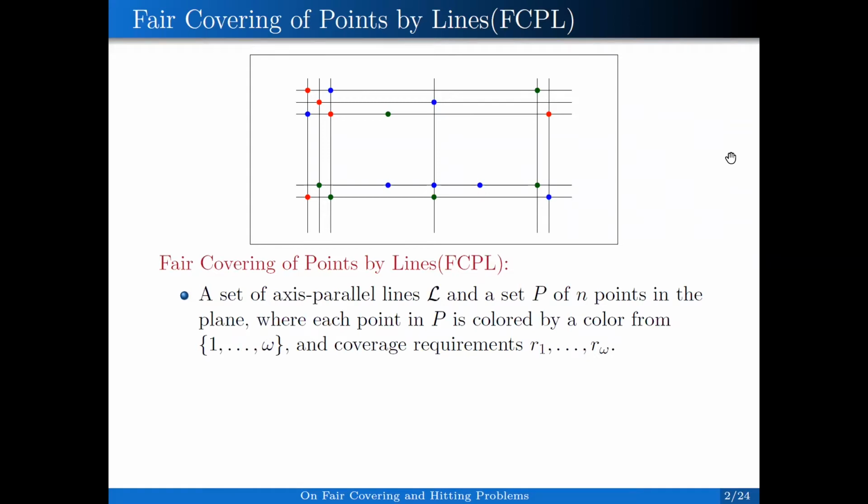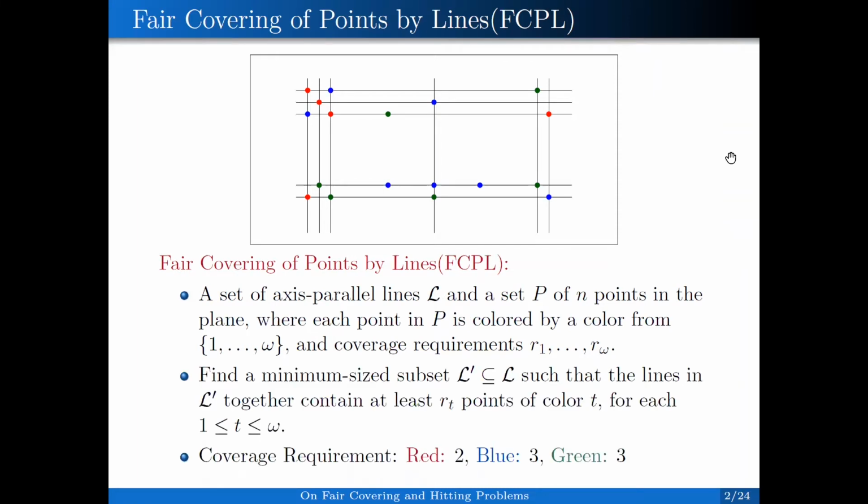In this problem, we are given a set of axis parallel lines and a set of points in the plane. And each point is colored by a color between 1 to omega. And for each color class, we have a requirement Ri for the ith color class.